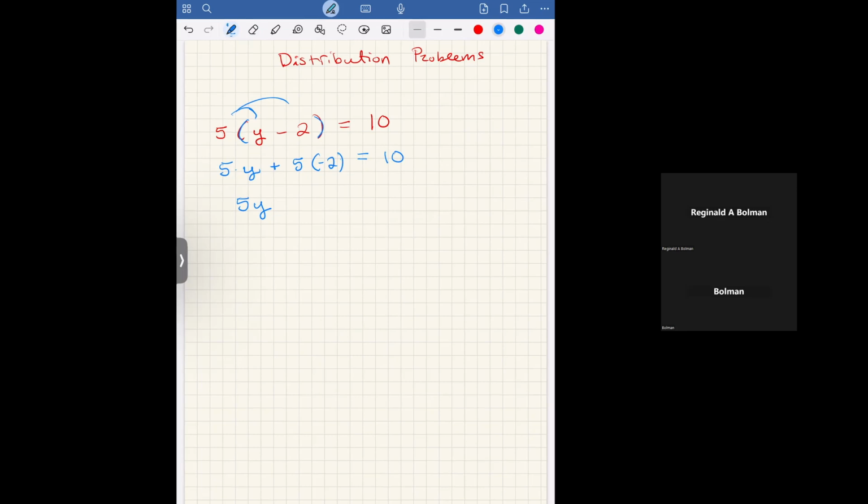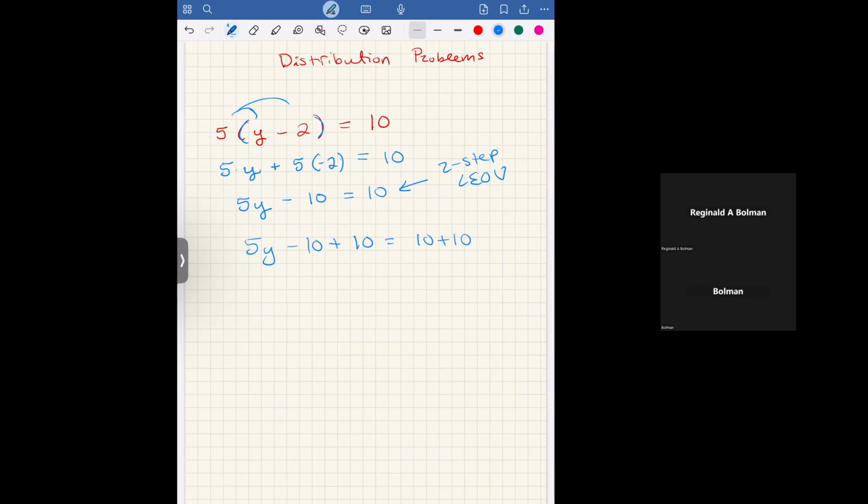But for this second term, you've got a positive and a negative, which is a negative, and 5 times 2 gives you 10. On the other side of the equation, you don't really have to bother with it. 10 is just 10. You now have a 2-step LEOV. Brilliant. Once you have a 2-step LEOV, you just need to use your additive inverse on both sides of the equal sign.